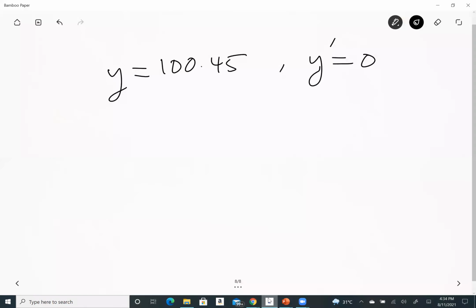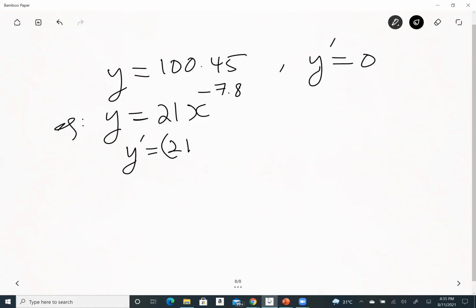I'll give you an example. Let's say I have y equal to 21 x to the power of negative 7.8. You don't worry about the constant. The constant will just follow the derivative. So we get y prime equal to 21, you can put a bracket there, and then we apply the power rule to differentiate the x term.